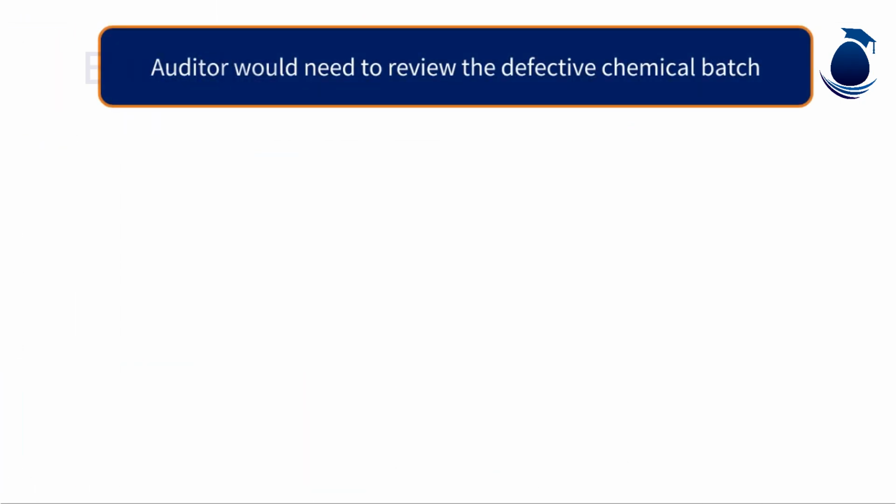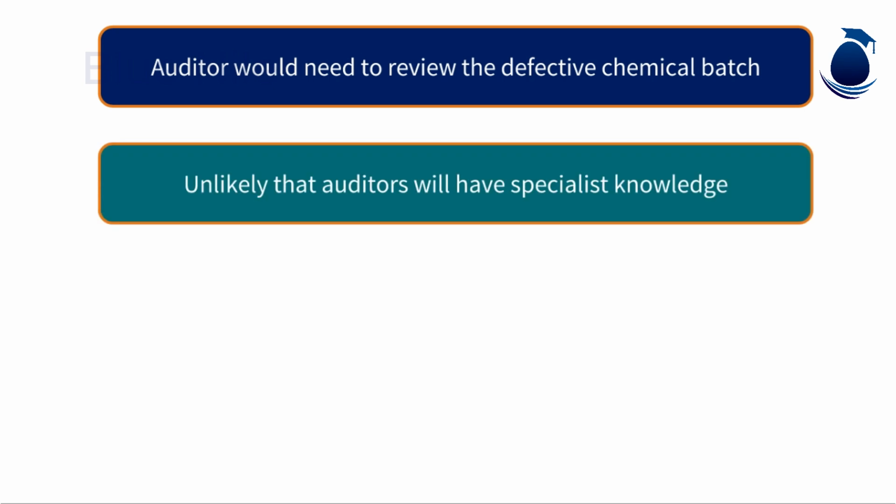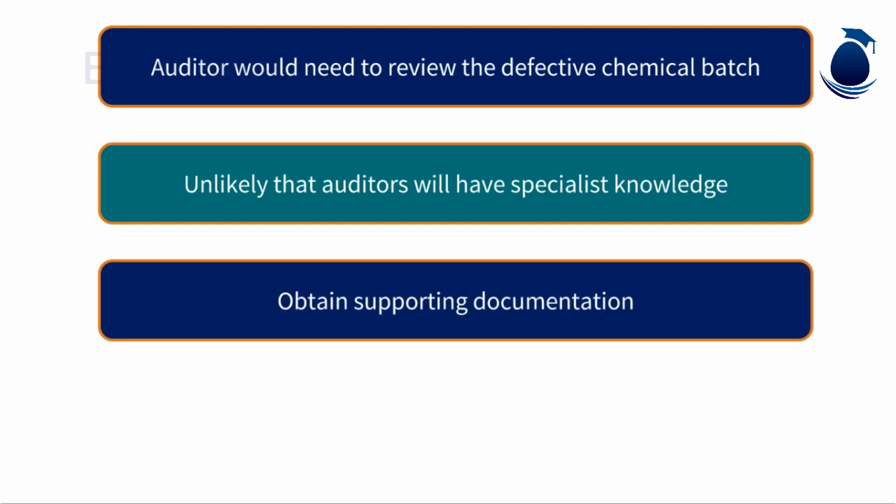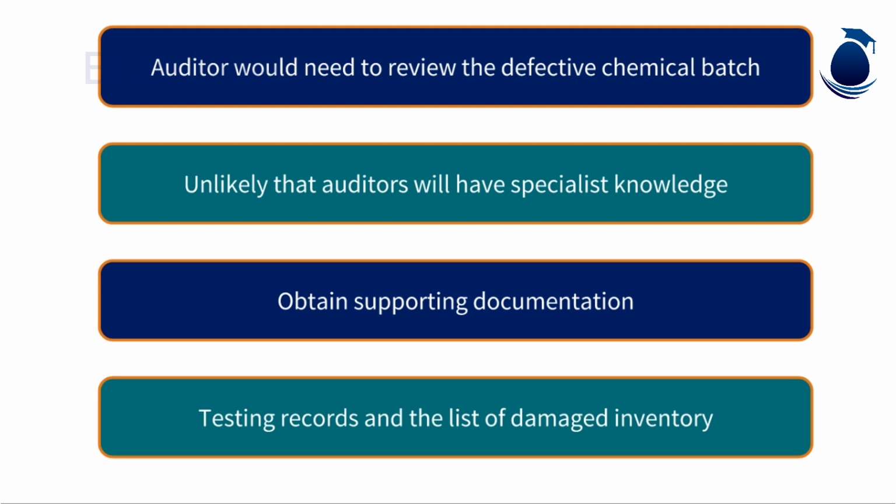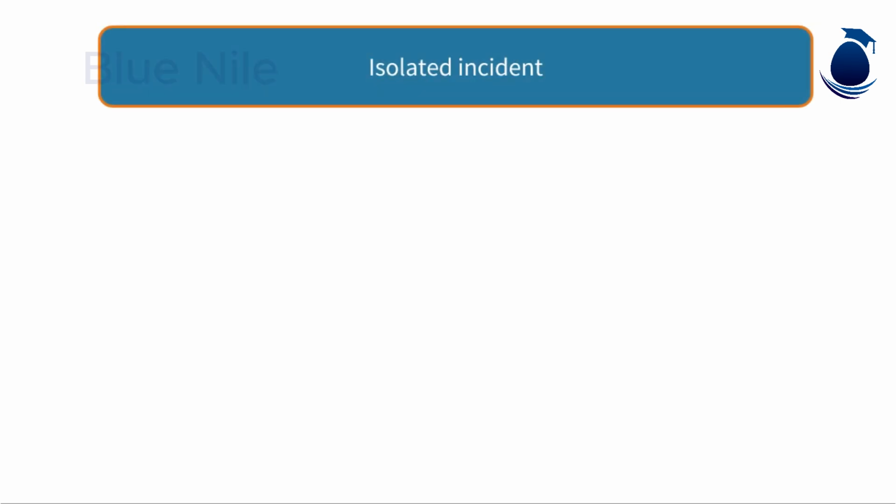The auditor would also need to review the defective chemical batch. It is unlikely they would have specialist knowledge to identify if the batch was defective themselves, but they could obtain supporting documentation to confirm this, for example testing records, and the list of damaged inventory. It may also be a concern to the auditor whether this damaged inventory was an isolated incident.